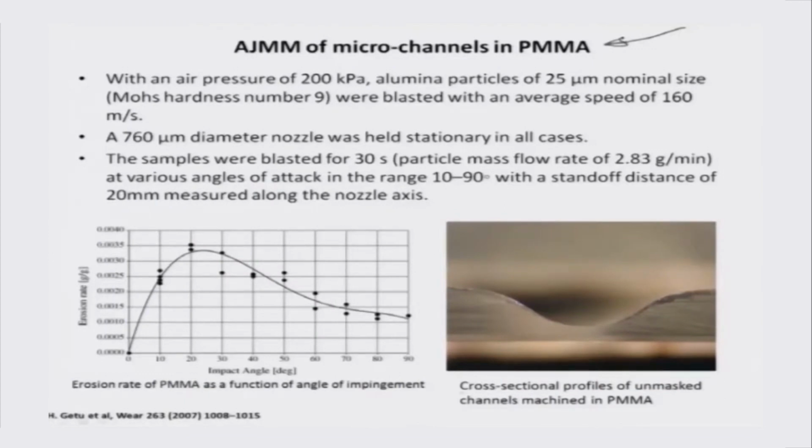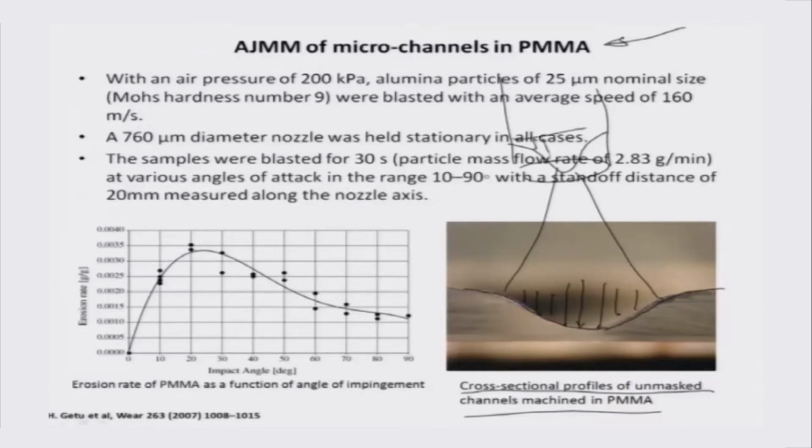This is the cross-sectional profile of an unmasked channel machined in PMMA. I would like to urge you to look at the profile created by the impact of powder blasting, exactly as I was saying: in the center the removal rate is maximum, and as you go towards the sides the removal rate is minimum, typically because the jet emanating out also has that parabolic distribution, because that is how the velocities are distributed in a parabolic flow.